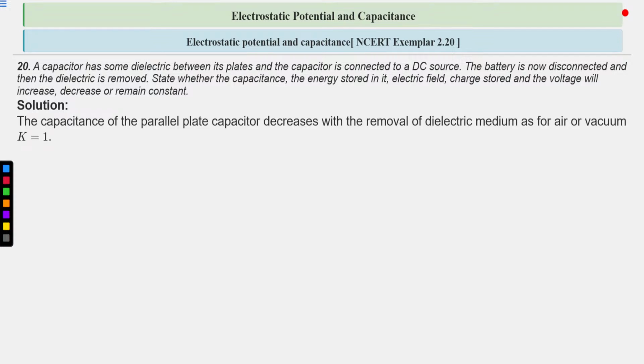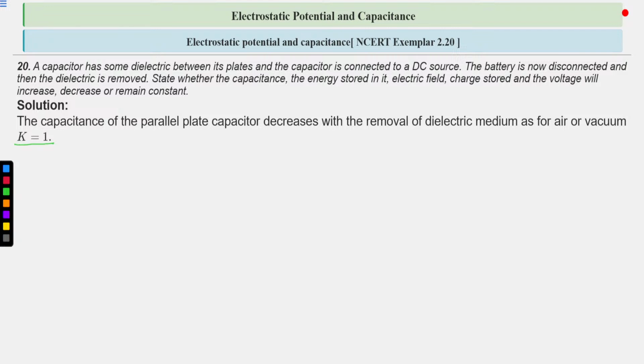The capacitance of the parallel plate capacitor decreases with the removal of the dielectric medium, as for air or vacuum K equals 1. So now when the dielectric is removed from the plates of the capacitor and there is only air between the plates, K is replaced by 1 in the equation.